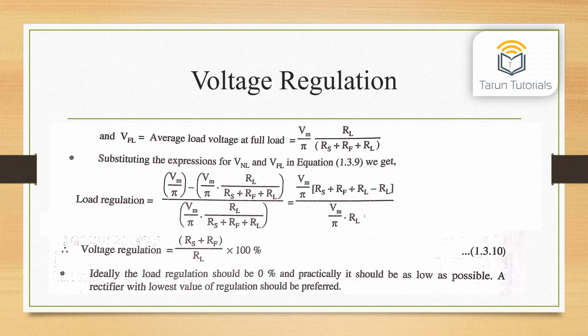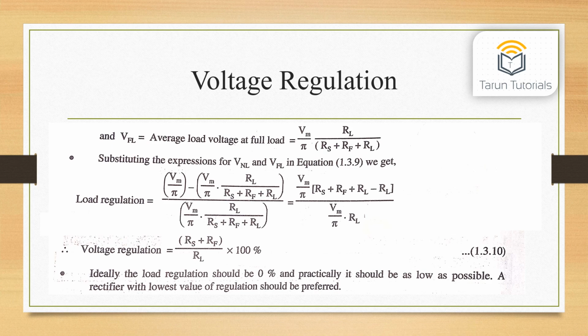And VFL is the average load voltage at full load, which is equal to Vm/π × RL/(Rs + Rf + RL). Substituting the expressions of VNL and VFL in the equation mentioned in the previous slide, we get load regulation = [Vm/π − (Vm/π × RL/(Rs + Rf + RL))] divided by [Vm/π × RL/(Rs + Rf + RL)].